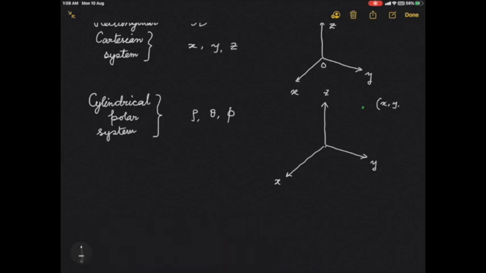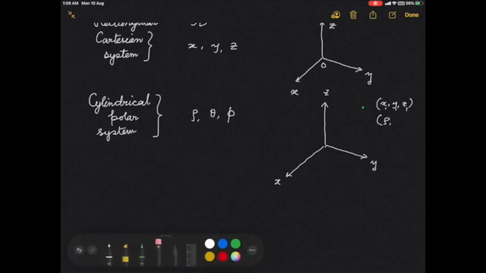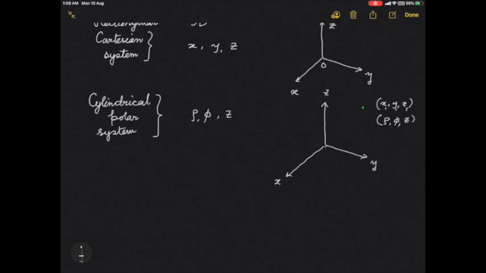The point is denoted by three numbers, one for x, one for y, one for z. So let's call them x1, y1, and z1. And the same point in the cylindrical polar is represented by three different numbers, and it's cylindrical polar, so you should have rho, phi, and z. So rho1, phi1, and z1 gives you the same point.